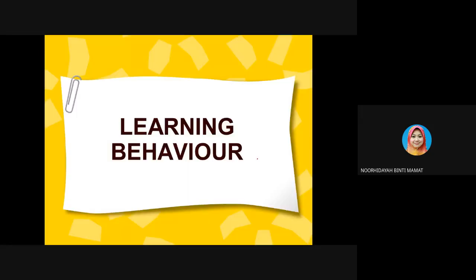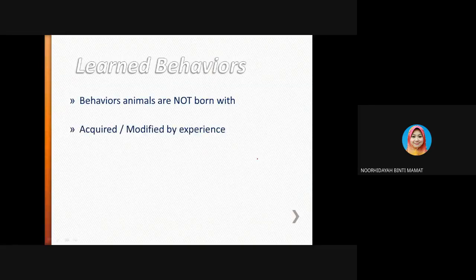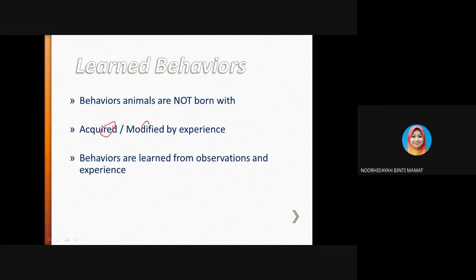Now we are focused on learning behavior. Learned behavior is behavior that animals are not born with. It is behavior that animals acquire or modify by experience. This is what we call learned behavior.